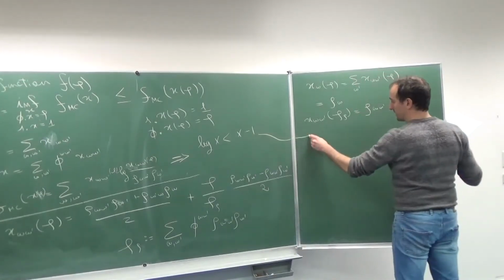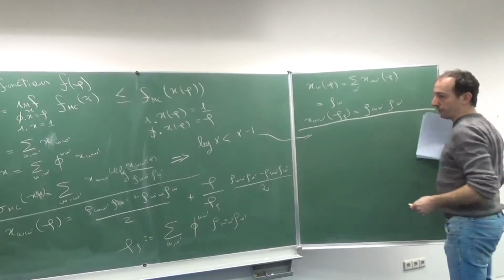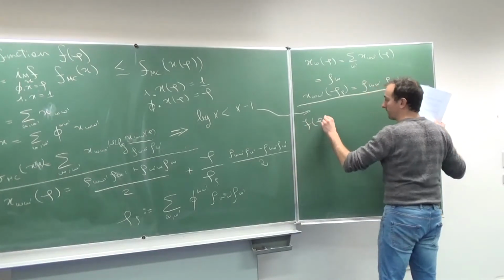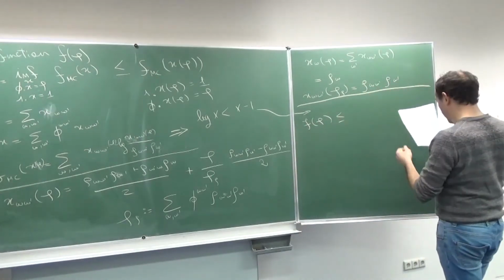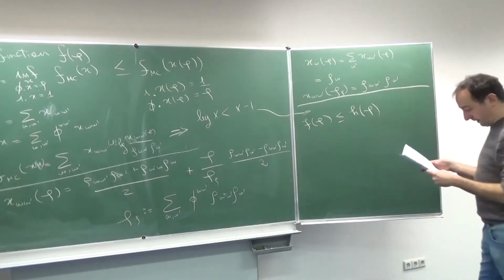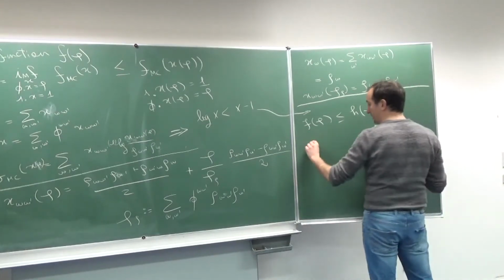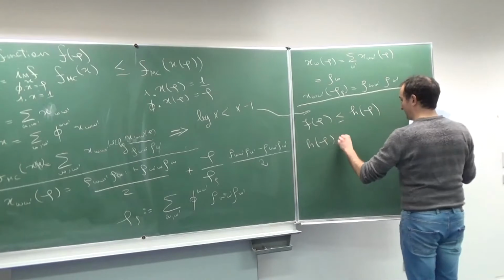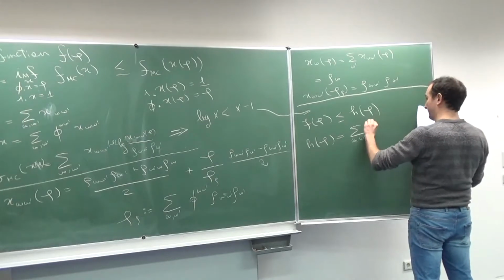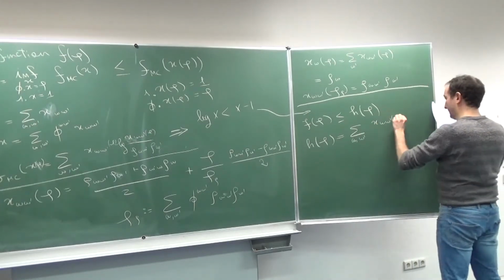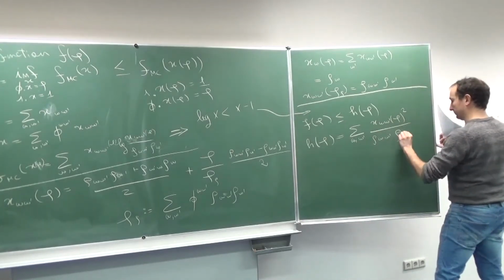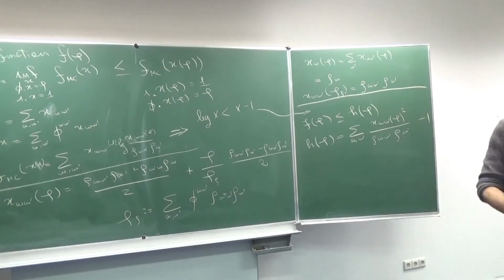And this leads us to the following, that f of phi is smaller than h of phi, where h of phi is defined as 1 over omega prime, square, minus 1.